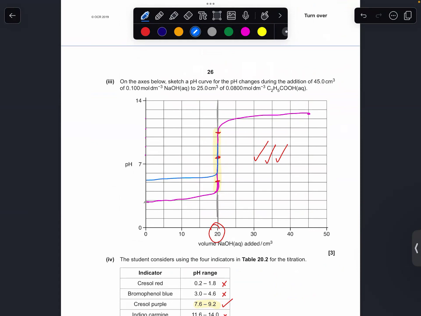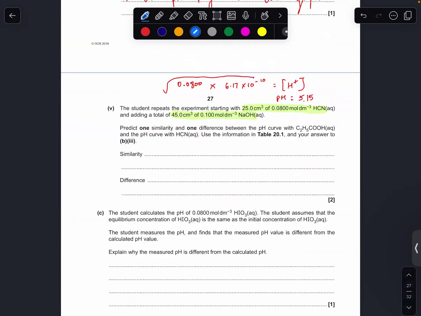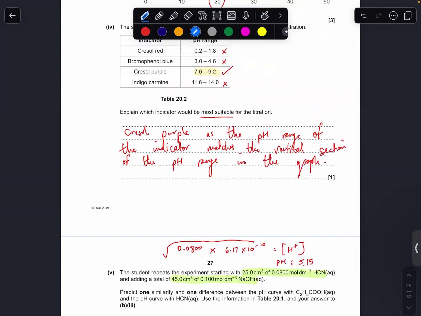So you see, what's the difference? The starting pH will be higher with HCN. That's going to be a difference. And the similarity, what's the similarity?